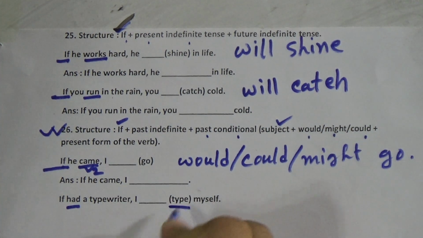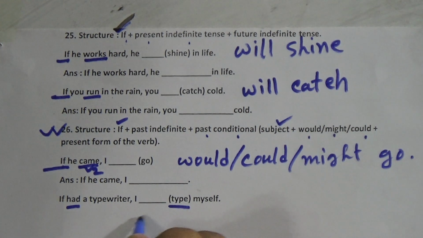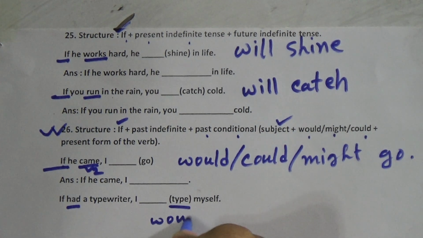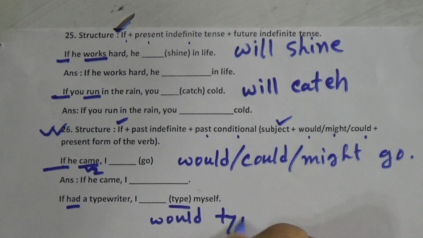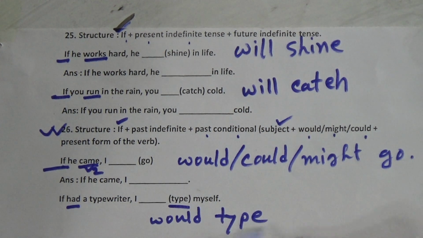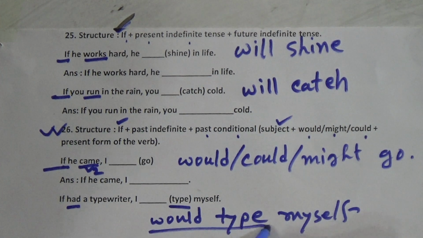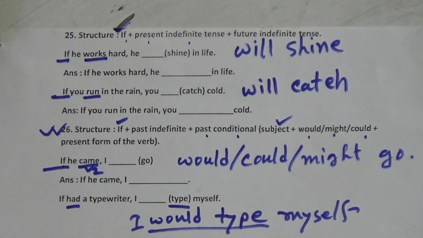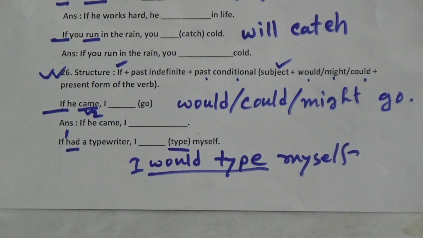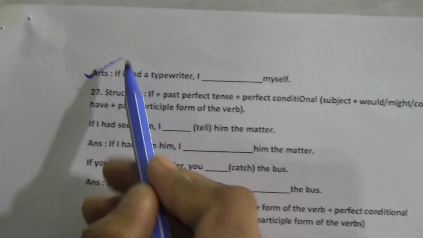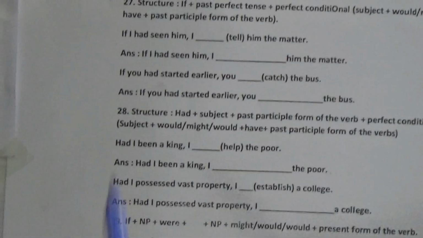Here type is verb 1. That means I would type myself. If I had a typewriter, I would type myself. Okay, this is done.